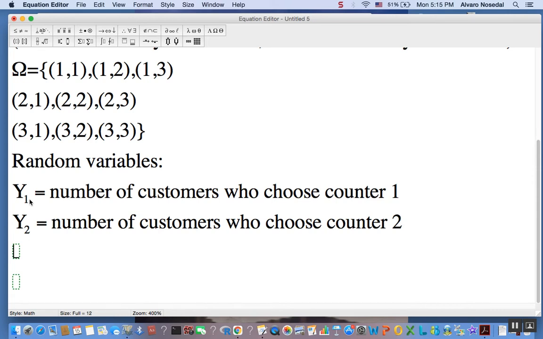Out of those 2 customers, none go to counter 1. Or 1, or 2. Same goes for y2. But now we will study these 2 random variables at the same time.